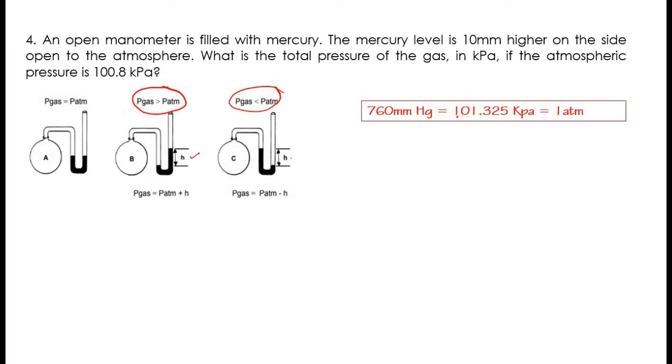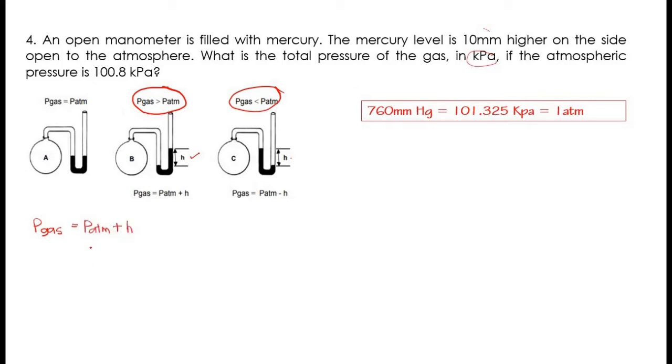So we need this conversion because definitely we cannot add the height of 10 millimeter with kilopascal. So we have to convert. Since this is our case, the pressure of the gas is simply the atmospheric pressure plus the height.